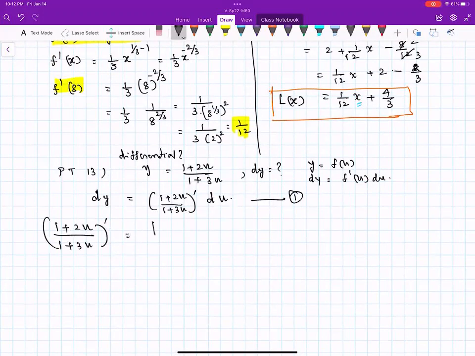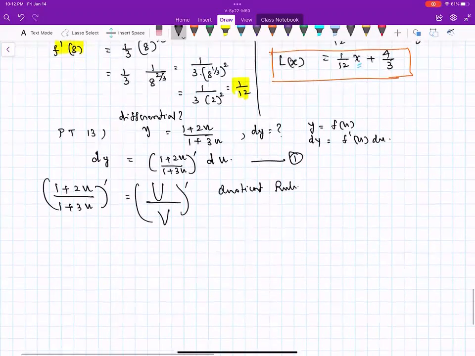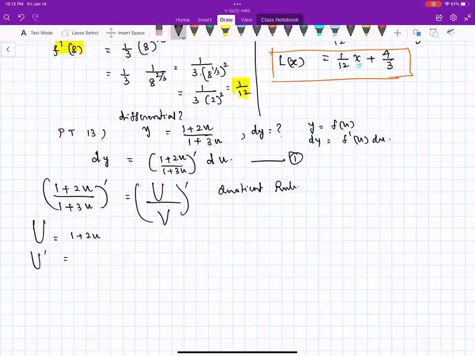It is something like uppercase U over uppercase V prime, the quotient rule. I'm going to keep the uppercase U as 1 plus 2u, and U prime, the numerator derivative, is 2. Uppercase V is the denominator, 1 plus 3u, and its derivative is just 3.